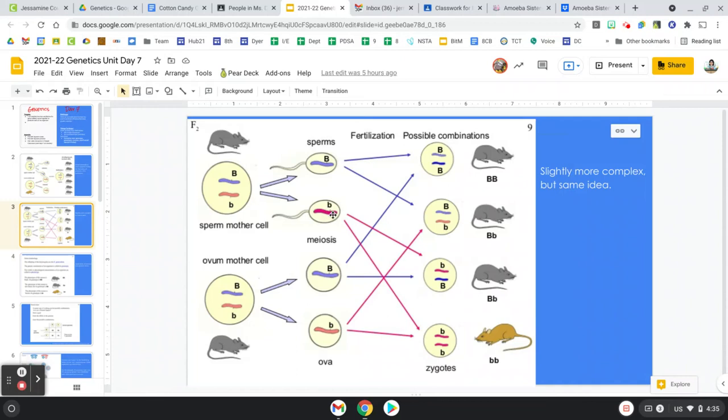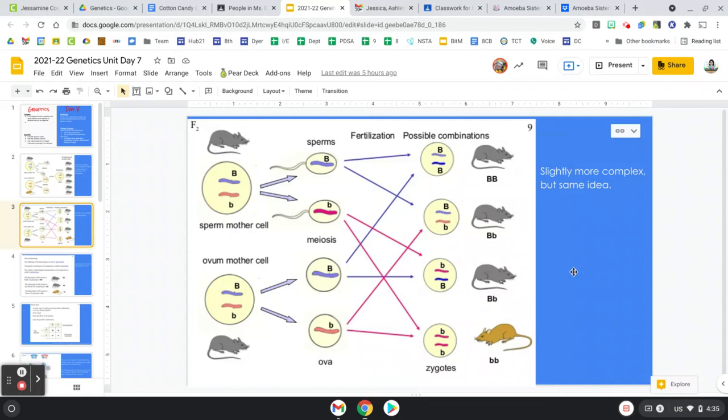If you have this sperm fertilizing this egg, then you would have heterozygous. And if you have this sperm fertilizing this egg, then you would have homozygous recessive. So now we have three different genotypes: homozygous dominant, heterozygous, and homozygous recessive.